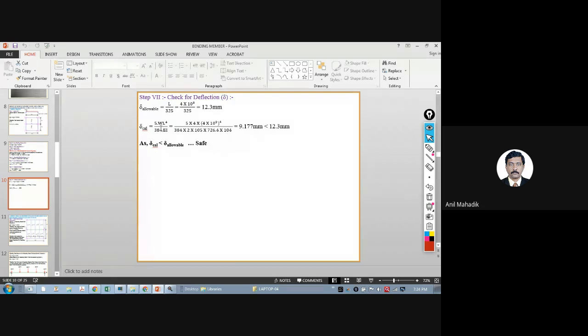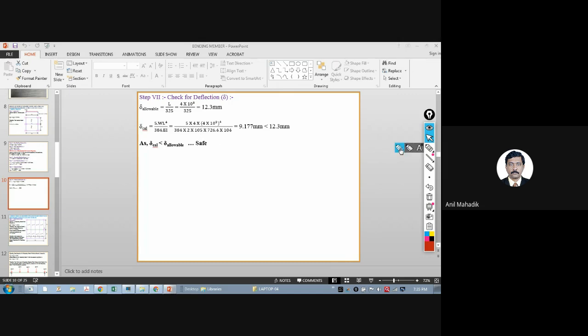So you know that for simply supported beam for UDL, the formula for deflection is 5 WL raised to 4 upon 384 EI. So 5 into W here into L raised to 4 divided by 384, and E value for steel structure is 2 into 10 raised to 5. Okay.